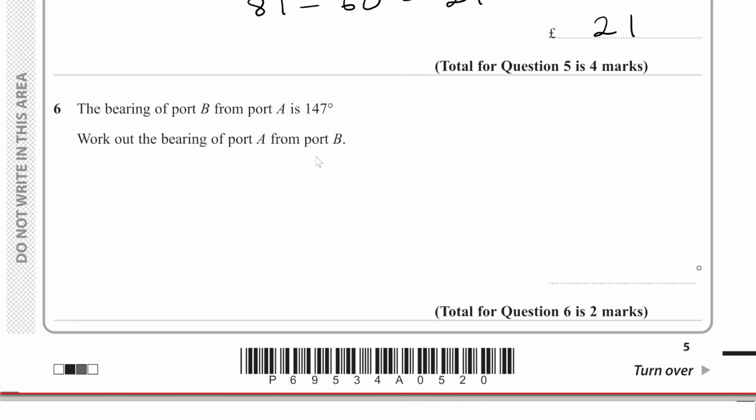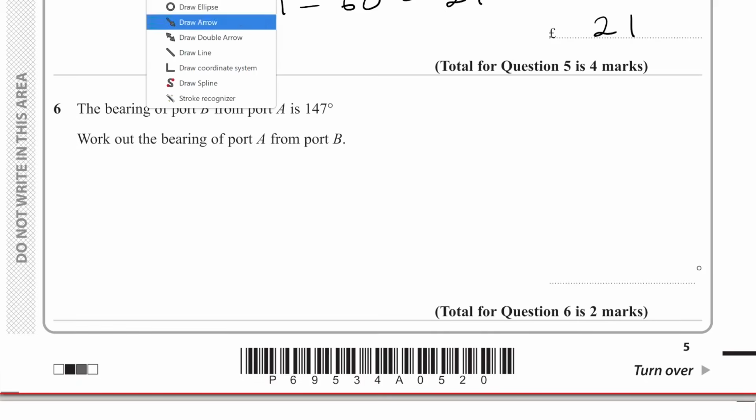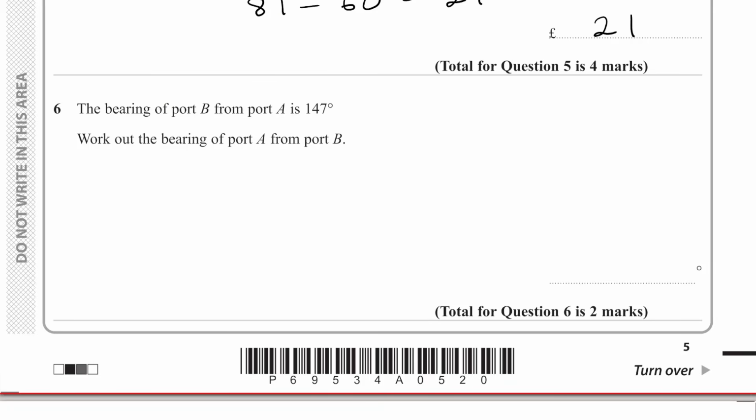Question 6. The bearing of port B from port A is 147 degrees. Work out the bearing of port A from port B. So we've got two ports. We've got port A. I'm going to draw north lines here. And port B, let's have it over here.